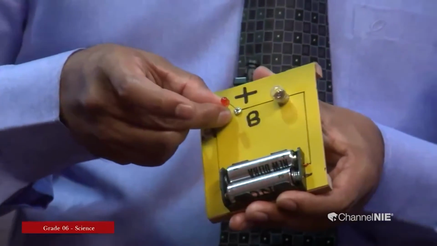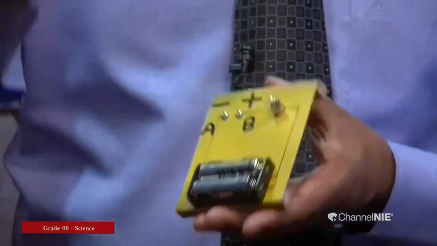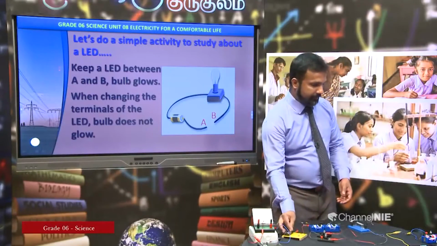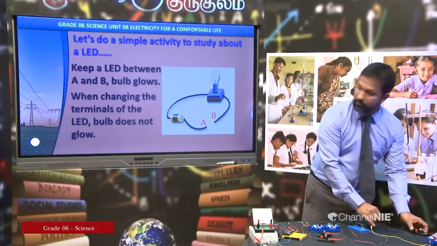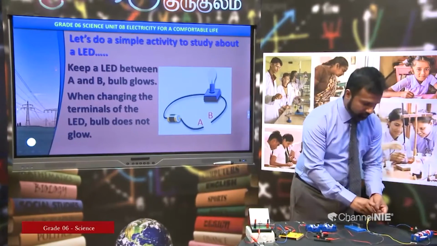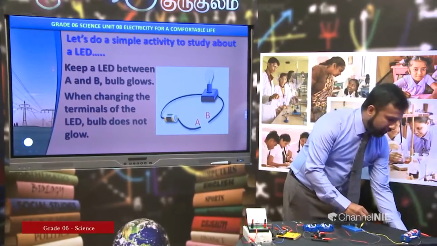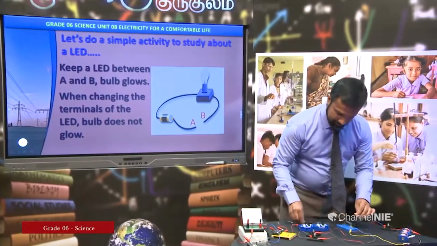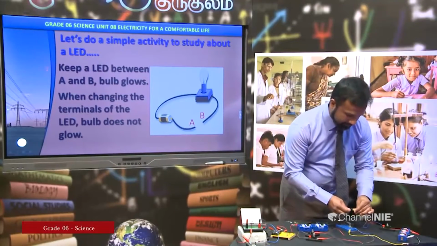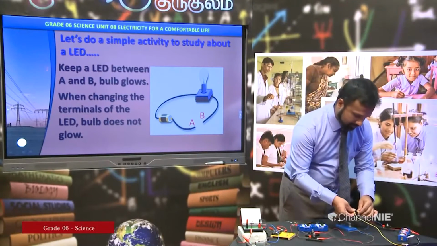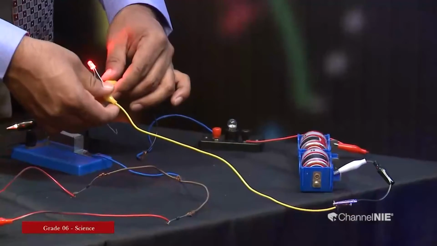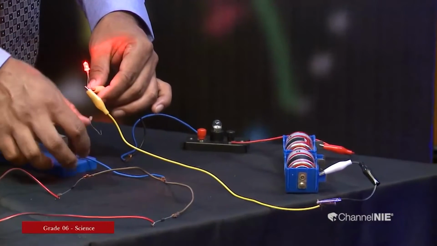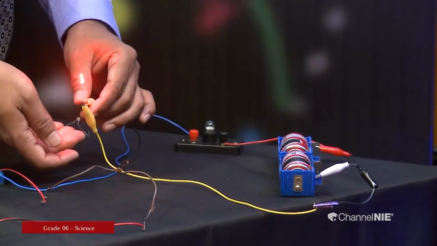It doesn't glow. We can do another simple activity as shown in this picture here. Instead of the diode, I am going to represent an LED. You can see that it is glowing.